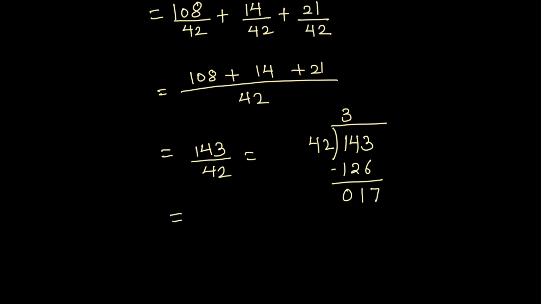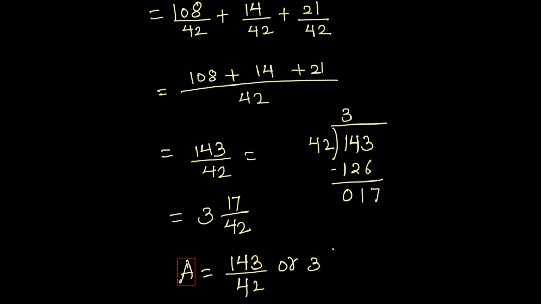The mixed fraction will be 3 whole 17 upon 42. So final answer is 143 divided by 42, or 3 whole 17 upon 42. So this is our final answer.